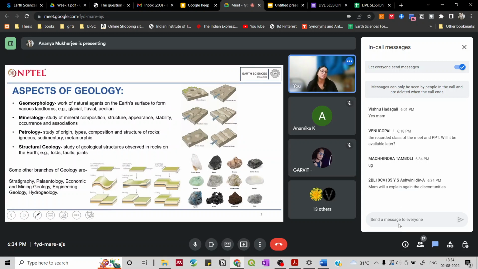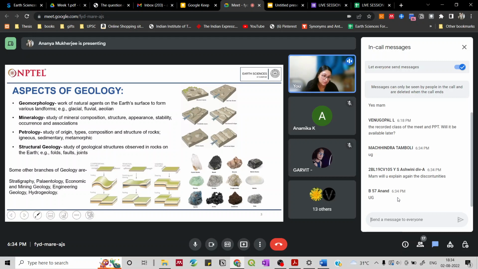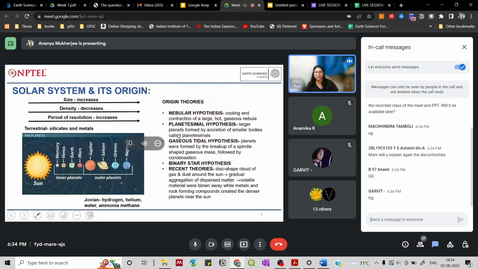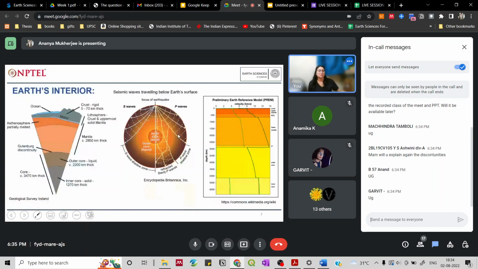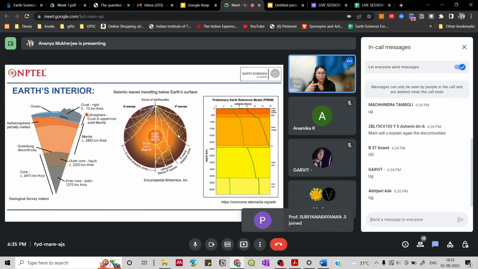Okay, ma'am, will you explain again the discontinuities? Okay, thank you. So the discontinuities. Over here we have seen that there are different layers making up the interior of the earth. The crust is made up of two layers: one is continental and one is oceanic.